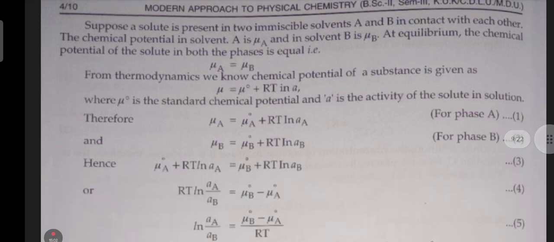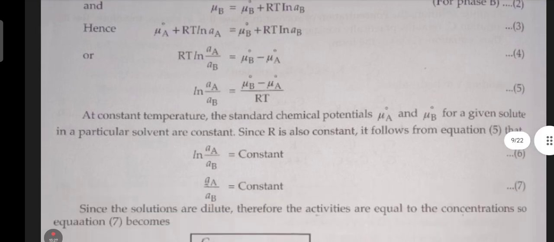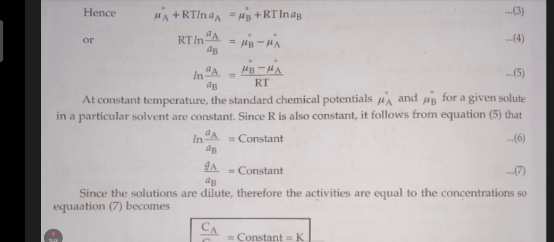For component A we find the value of mu A, and for component B we find the value of mu B. Hence we put both values equal to each other. Finally we get RT ln (aA upon aB) is equal to mu naught B minus mu naught A. After mathematical simplification, we get the equation ln (aA upon aB) is equal to constant.